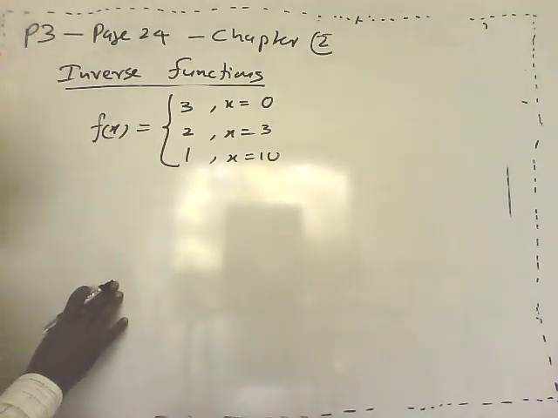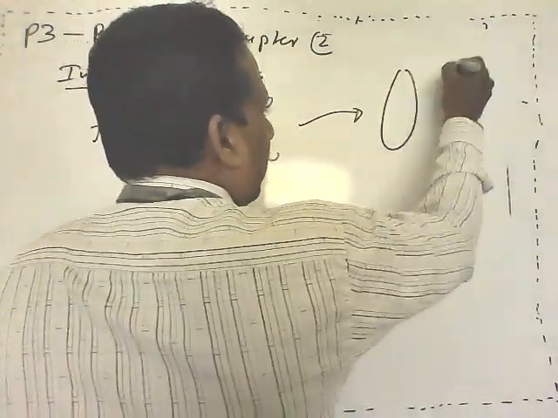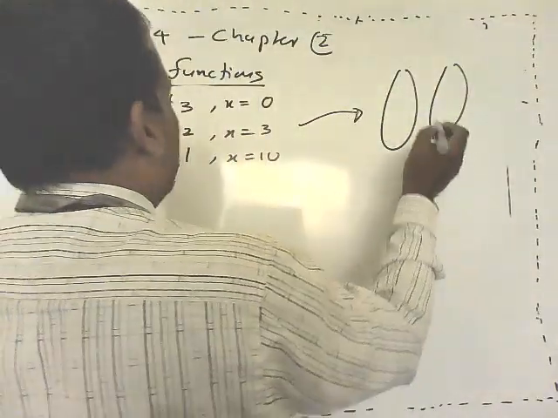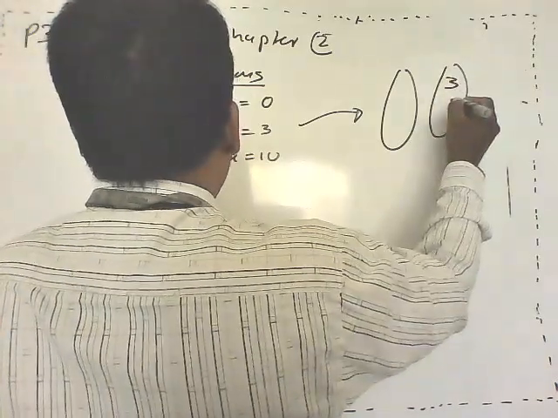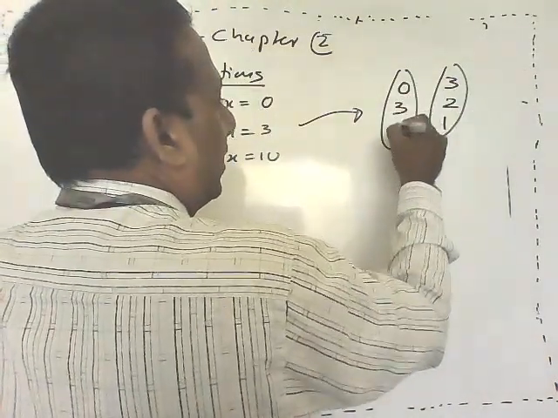If we draw this function's mapping, it will look like this: 3, 2, 1, 0, 3, 10.